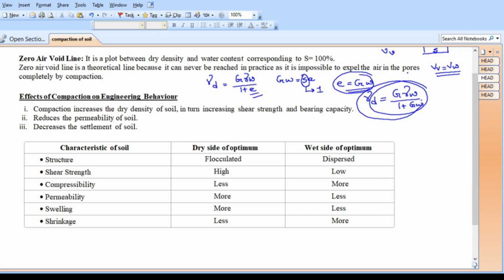There are a few characteristics of the soil which we need to remember corresponding to the dry side and the wet side of optimum. Which is considered the dry side and which the wet side?